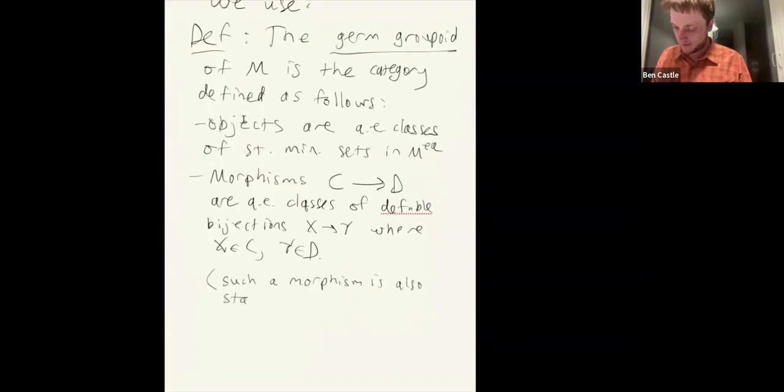So all the stuff we've developed about canonical bases, they apply there too. Why is it stationary? Because for instance, the graph of the bijection is itself in definable bijection with the domain. So if the domain is stationary, then so is the graph. So in fact, the graph is also strongly minimal. So the morphisms are strongly minimal sets as well.